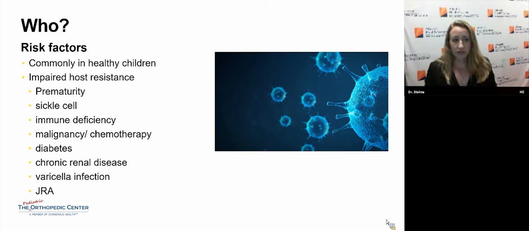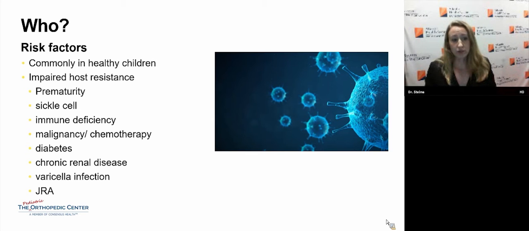Some of the risk factors we can think about, actually most kids don't have any. So this is commonly found in healthy children that have no other medical conditions or pre-existing diseases. But there can be an increased risk for developing osteomyelitis in patients that have an impaired host resistance.